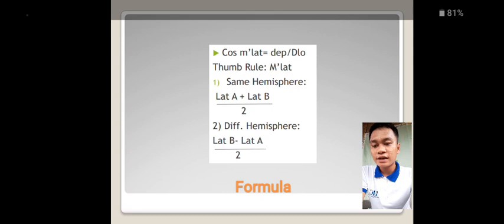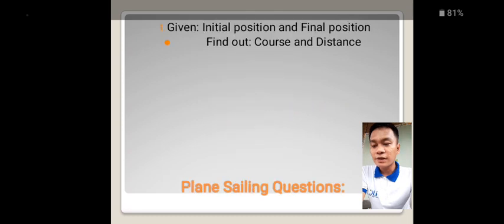The sailing calculation that I chose is plain sailing. It is sailing along a track in which the initial position and the final position are not in the same latitude. Small areas of Earth's surface can be assumed as flat. Plain sailing is limited to 600 nautical miles only. The formula of plain sailing: cosine m lat is equal to departure divided by d long.